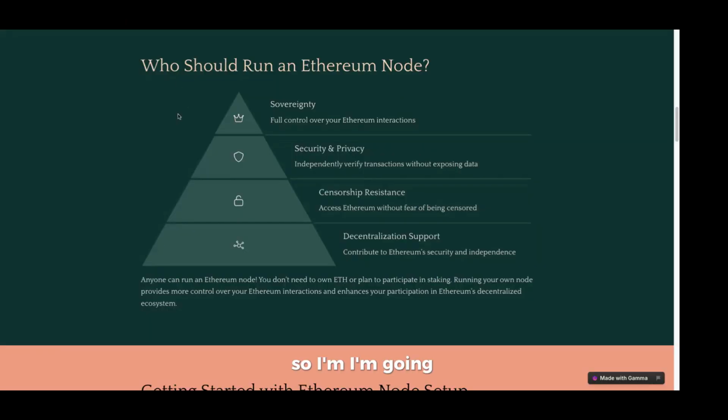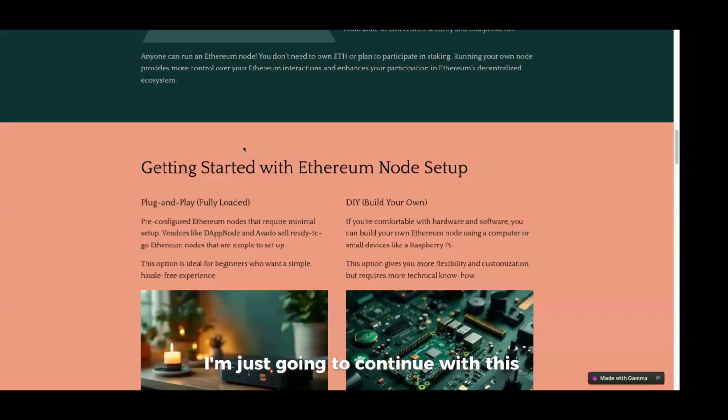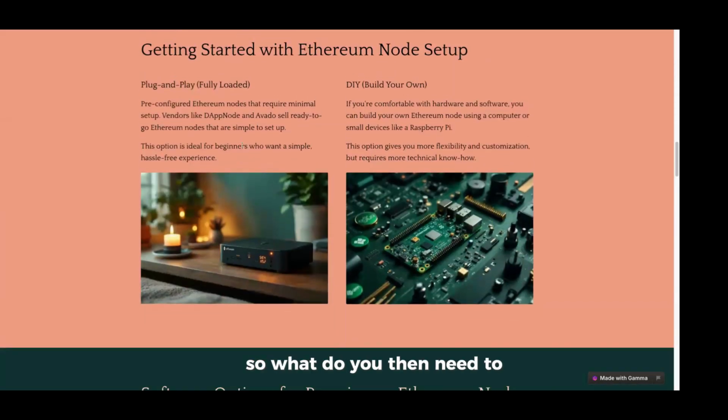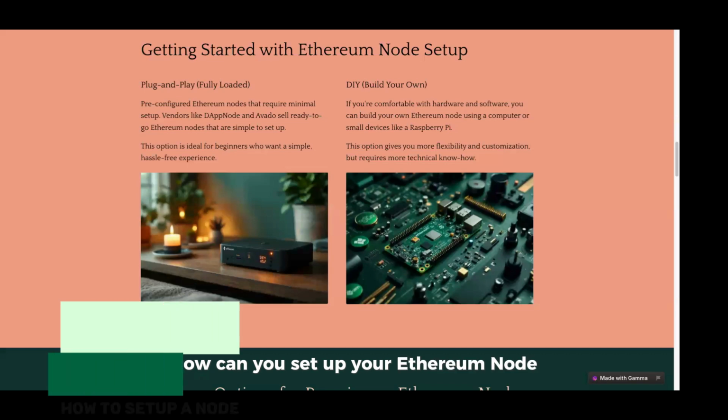So I'm just going to continue with this. What do you then need to start? What are the basic things you need to set up your Ethereum node?